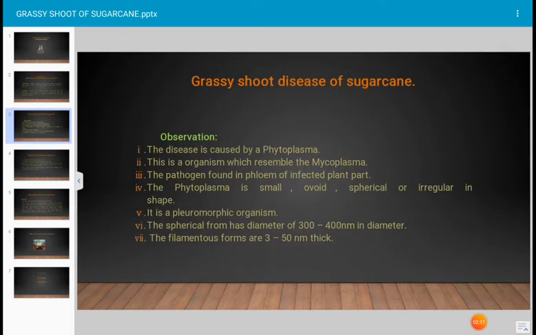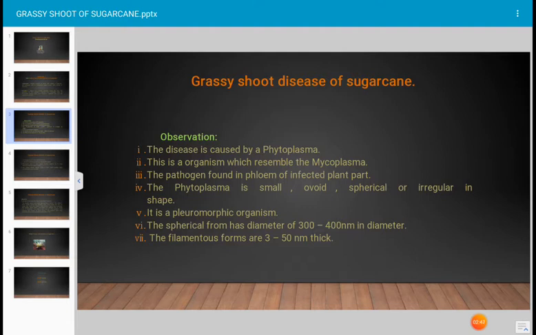What we have to observe in phytoplasma, which is a pathogenic organism. Some features of phytoplasma we have to discuss. It resembles a mycoplasma. It has no cell wall and it can change its shape. The phytoplasma mostly occurs in the phloem tissue of infected sugarcane. It is oval, ovoid or irregular in shape.